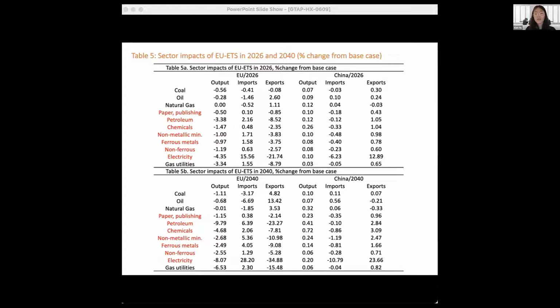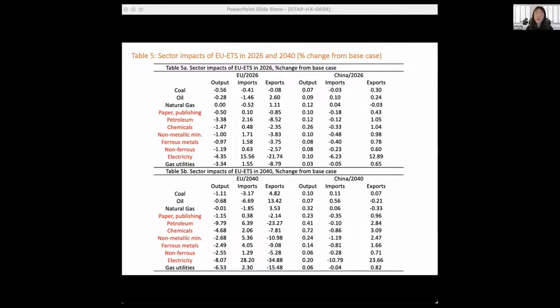This will cut the demand, and their output falls a lot, like petroleum and electricity, chemicals. And they also reduce their oil and gas input, and thus the output of coal and the gas utility falls a lot.